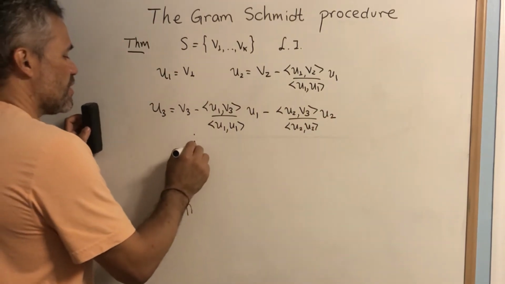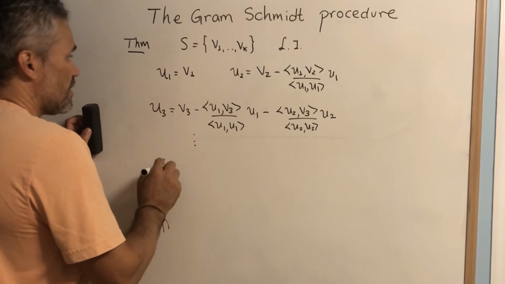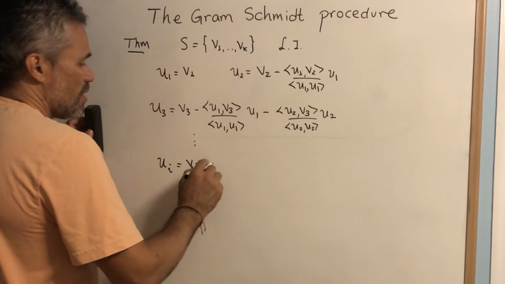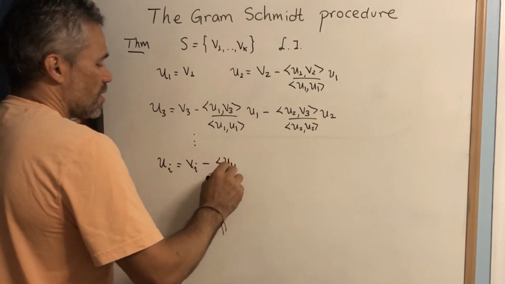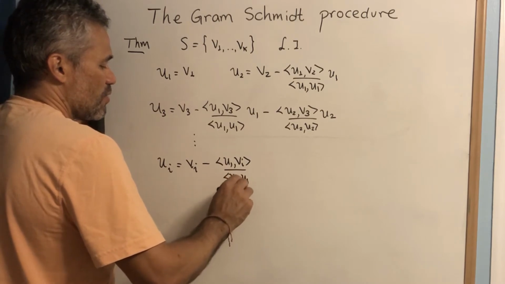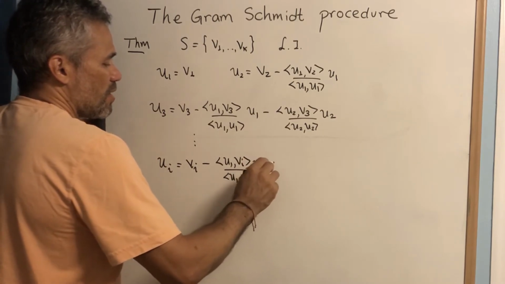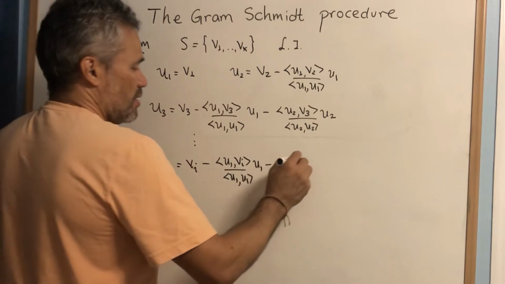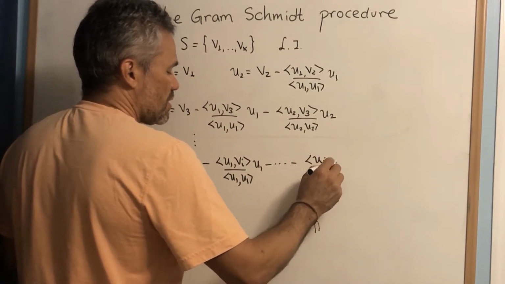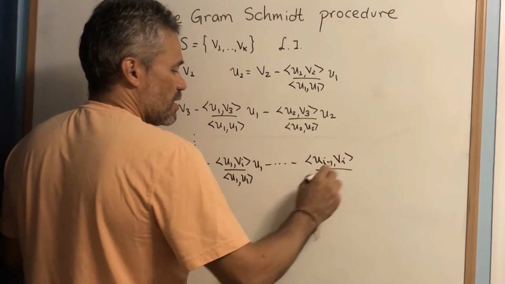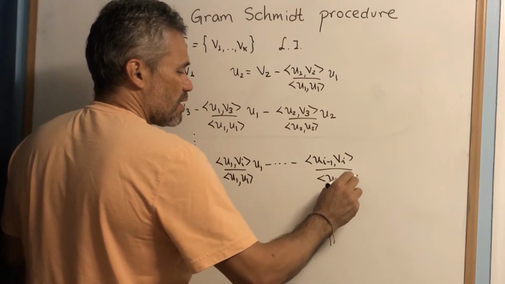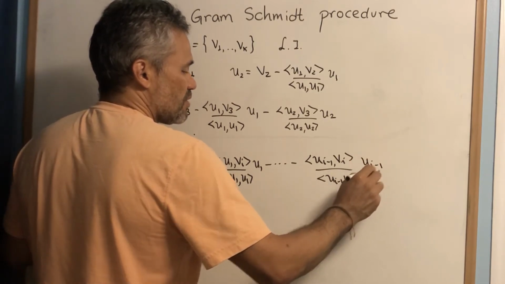and if we keep going with this procedure, in general U sub I is just B sub I minus ⟨U1, BI⟩ over the norm squared of U1 times U1, minus ... minus ⟨UI-1, BI⟩ over the norm squared of UI-1 times UI-1.